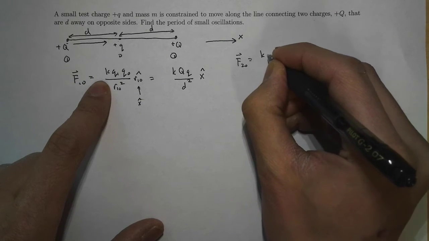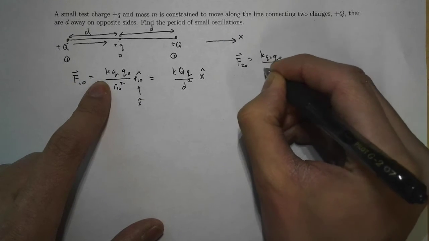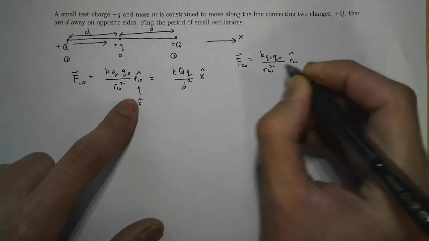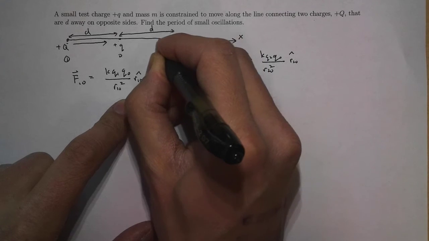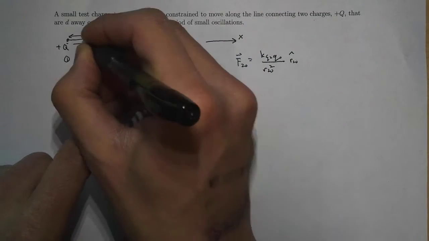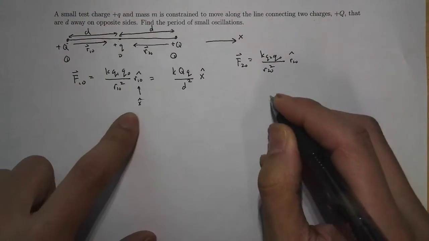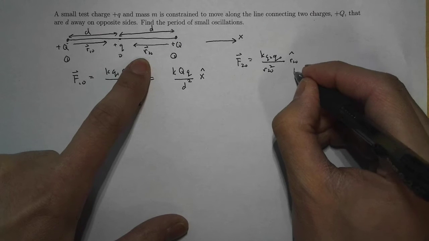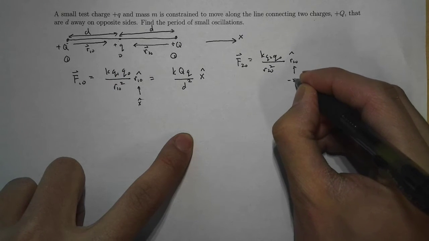Okay. Now let's consider the force F2 on 0. That's going to be k Q2 Q0 over R20 squared R20 hat. Now R20 is this vector right here. Let's label that vector. And what you'll notice is it points in the opposite direction as x hat. So this one will be minus x hat.